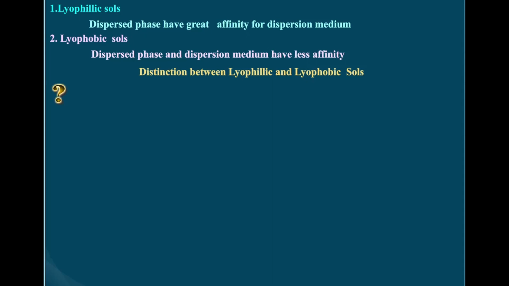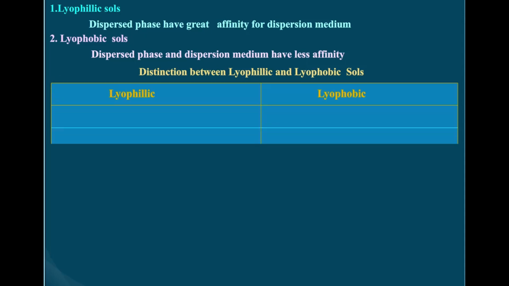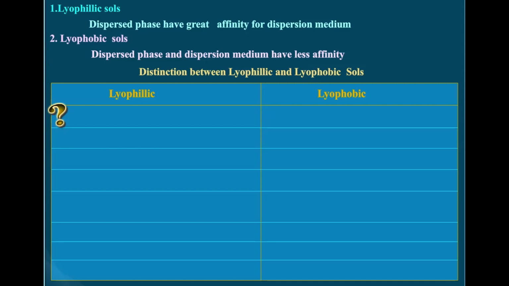The next is the distinction between lyophilic and lyophobic sols. It is very easy and usually comes in the board exam. The first difference is reversibility: lyophilic is reversible while lyophobic is irreversible. Lyophilic colloids are formed directly by mixing substances like gum, gelatin, starch, rubber, etc. with a suitable liquid, the dispersion medium.